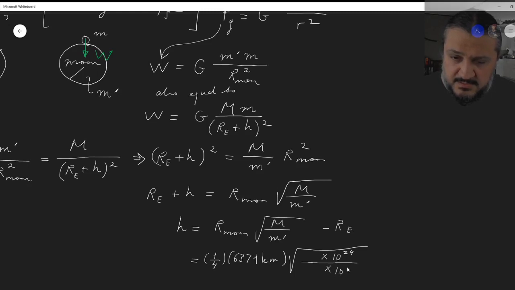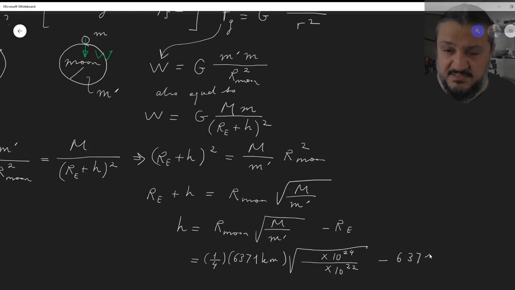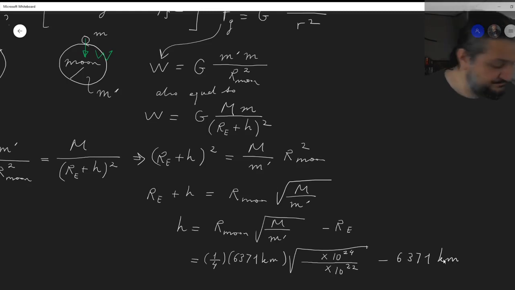And then 10 to the 22nd will be the Moon's, and I need to find those numbers, which I will in a minute, but minus 6,371 kilometers. Okay, so we now need Earth's mass, the exact number, and that is 5.97.